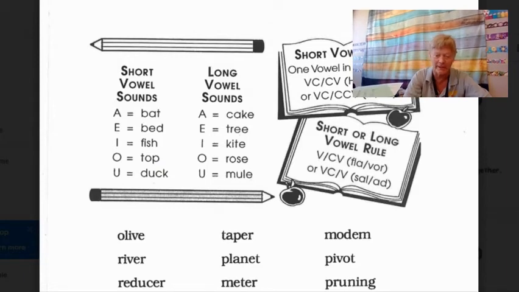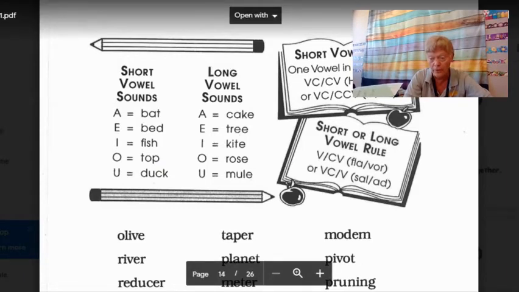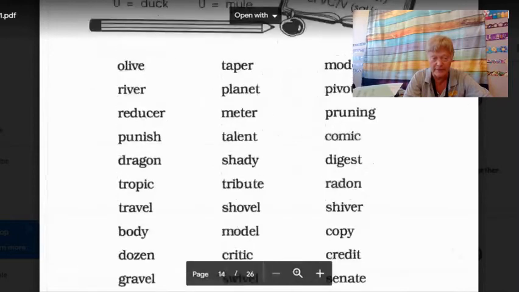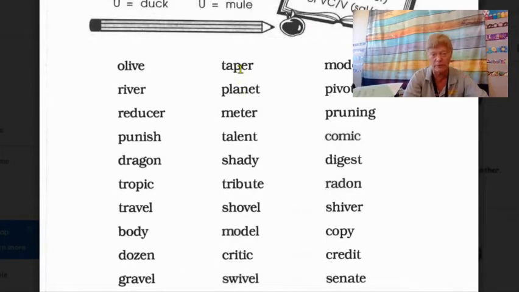And when you go to the bottom and start practicing these words many, many times, you're going to put in both vowel sounds, because when you see one consonant in between two vowels, it could be long, could be short. So you're going to do the short sound first and then the long sound. Tapper, taper, planet, planet, meter, meter, talent, talent, shady, shady. So that's how this works.